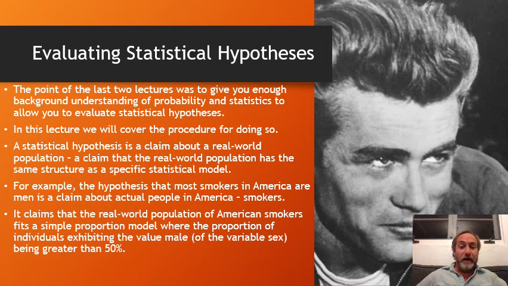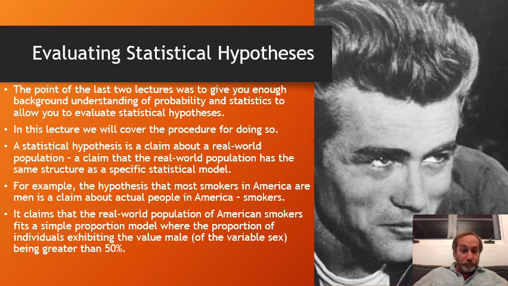So a statistical hypothesis is a claim about a real-world population. And the claim, more specifically, is that the real-world population has the same structure as a specific statistical model, right? So it's claiming a sort of fit between the world and your statistical model.